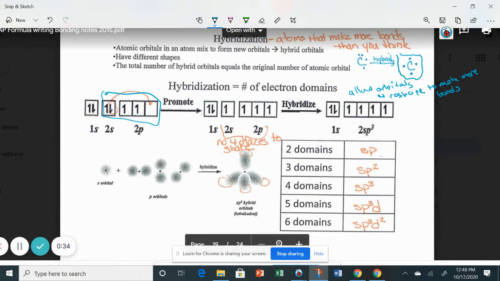But normally we draw it this way, but you can draw it this way and get credit for it, because when carbon does go to bond, it does do this thing called promoting an electron. It takes an electron from the s orbital and pumps it up in energy.